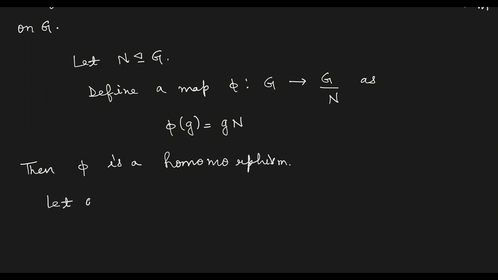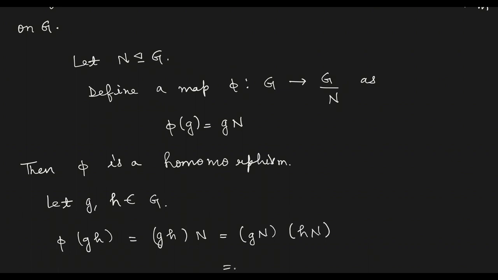Let g, h belong to the domain G. phi(gh) is equal to ghN. Then by the property of cosets, it can be written as gN times hN. By definition of phi, it will become phi(g) times phi(h).